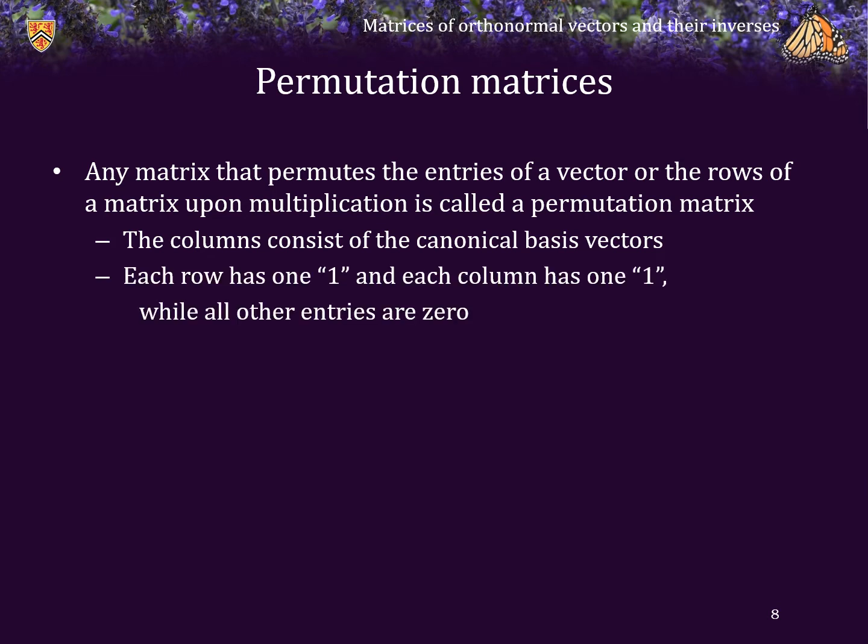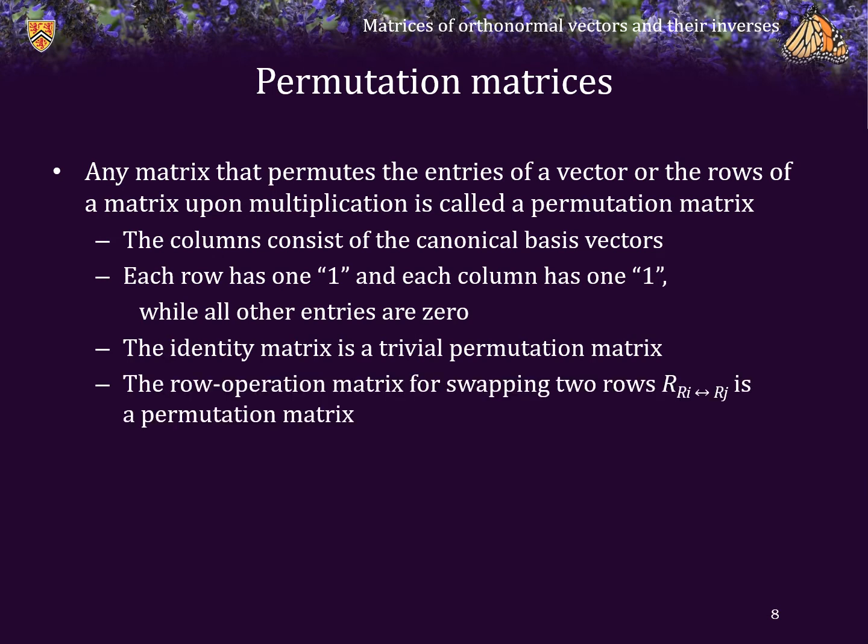Also, there are other properties which you may observe. First of all, each row has one and only one 1 in that row, and each column has one and only one 1 in that column. All other entries are 0. The identity matrix is, of course, a trivial permutation matrix. Also, we've seen simple permutation matrices.